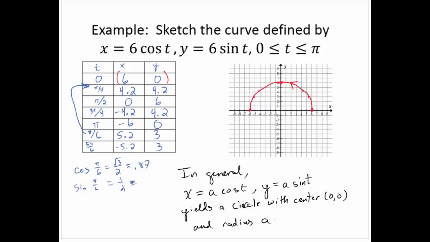Now here we see that we only got a semicircle. Well, it's a semicircle because we only went from 0 to pi.